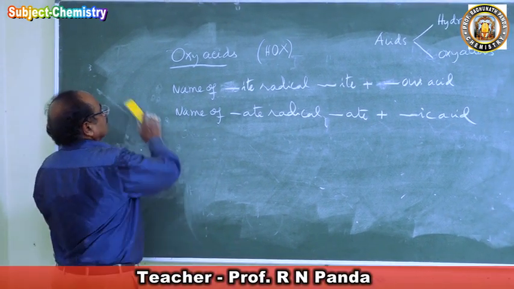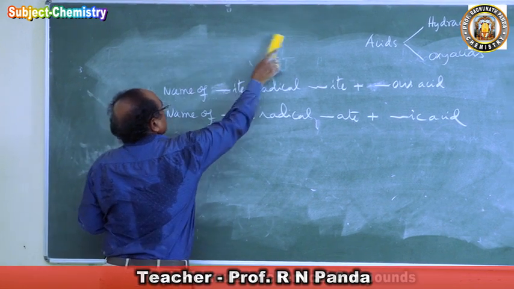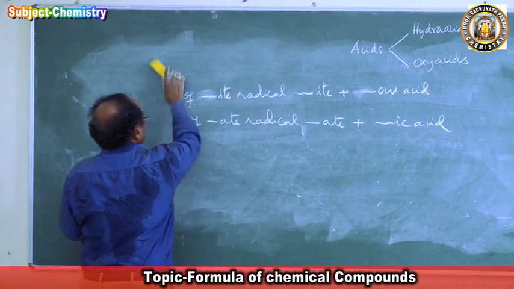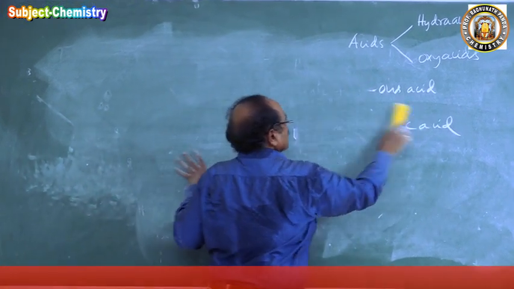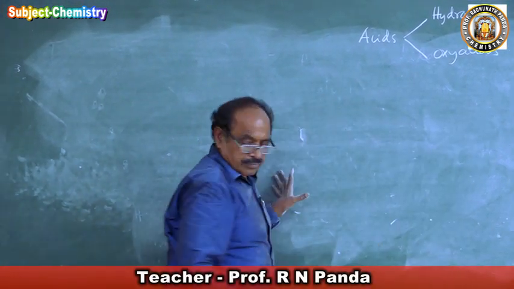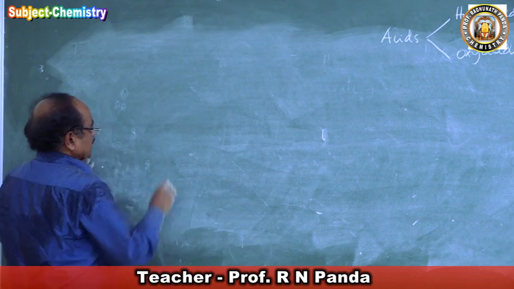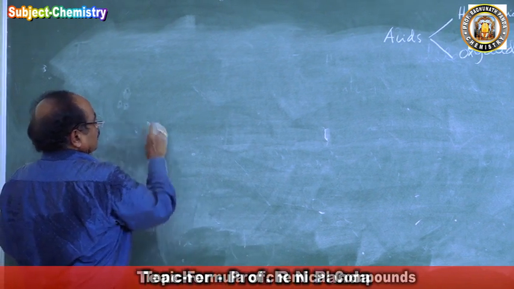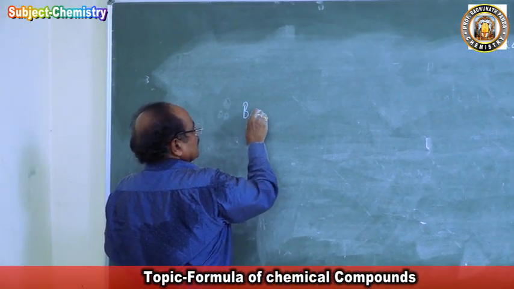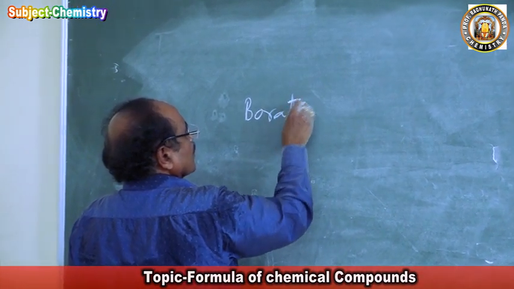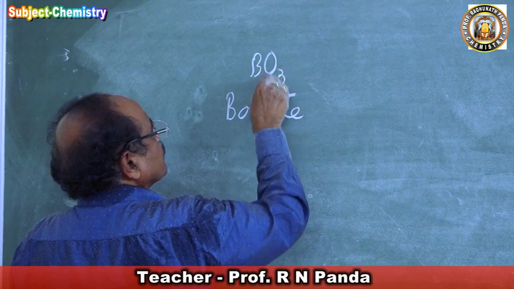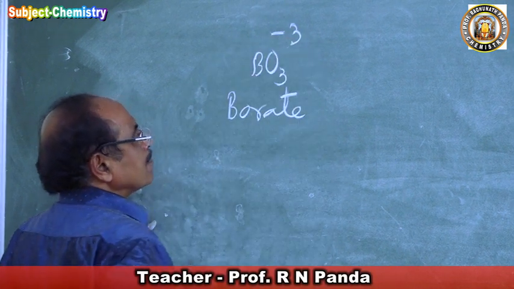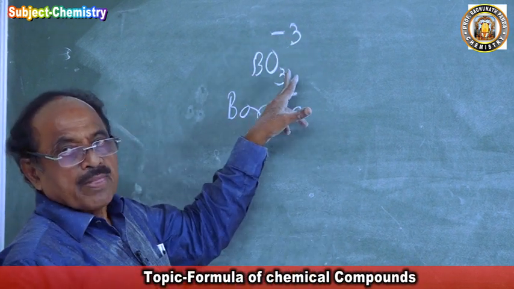So let us start from group 3. From group 3 onwards we will go to group 7. Let's take borate. Borate is BO3 minus 3.